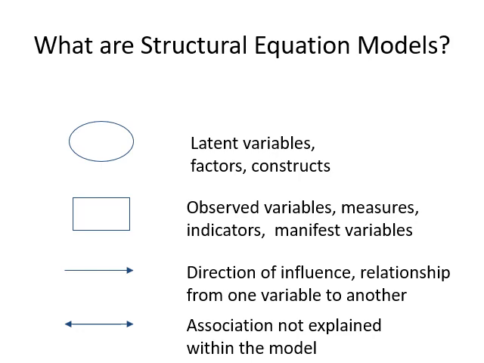A structural equation model at its basic level is actually looking at every single item interrelated with every other single item in your study. So it's looking for latent variables, factors, or constructs, not based on previous research, but based on the data.